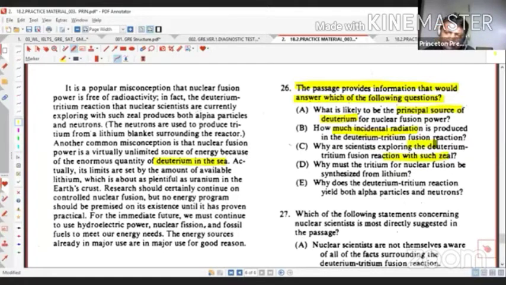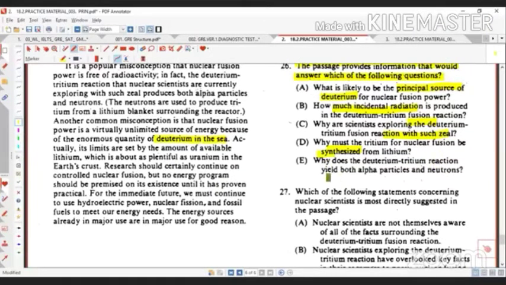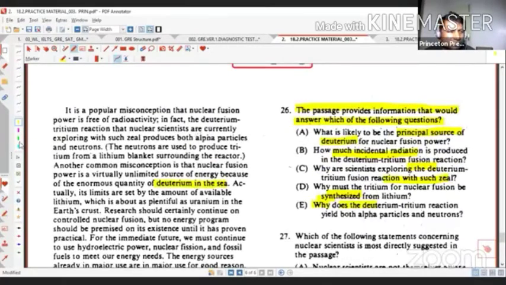They're saying it's zeal, but not the reason. Why must the tritium for nuclear fusion be synthesized? Probably not. Why does the deuterium reaction yield both alpha? They're saying it does, but they don't say why. So the answer should be what? A. I think A. A is clearly given.